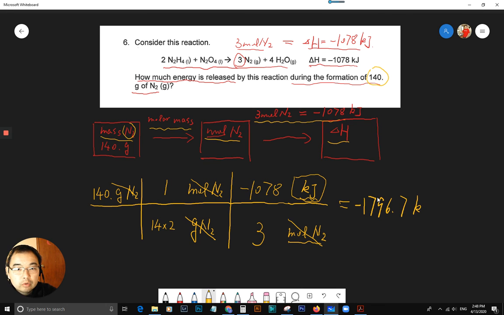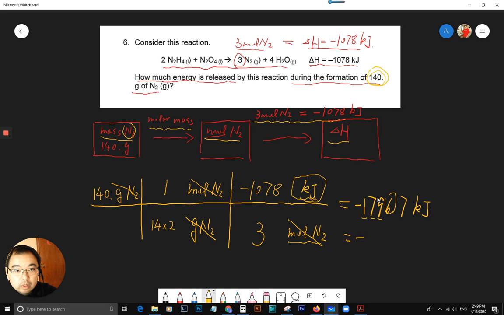Okay, and then let's look at the sig fig. The question given has 3 sig figs, so the final answer is 3 sig figs. So we keep this and this, and this one is rounded up.